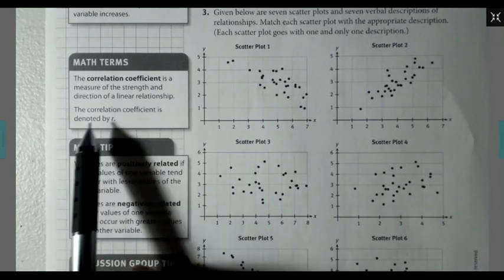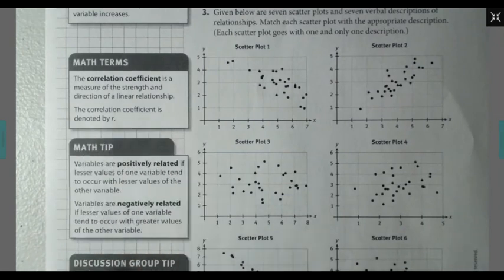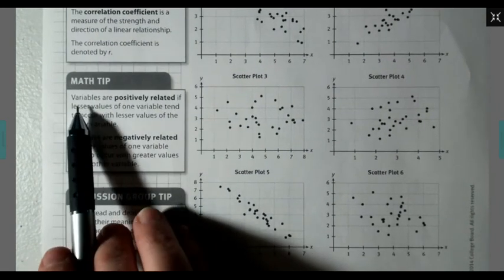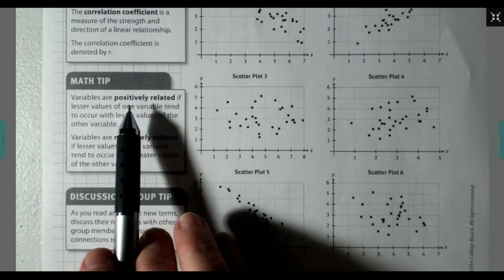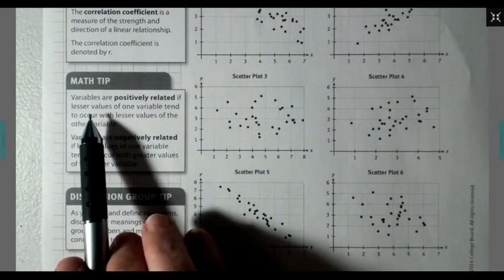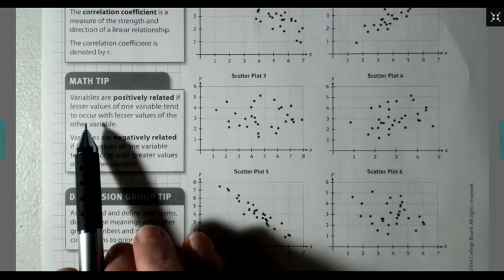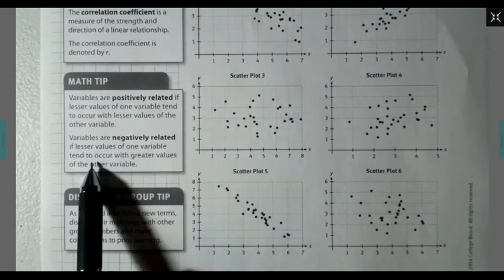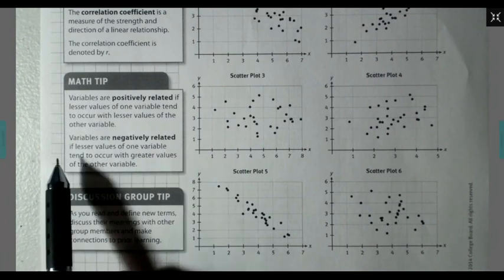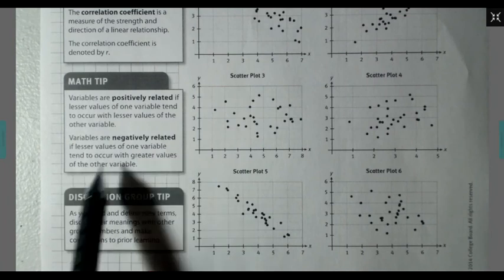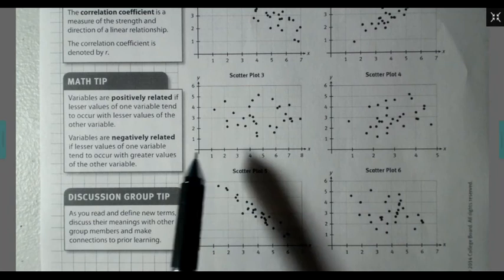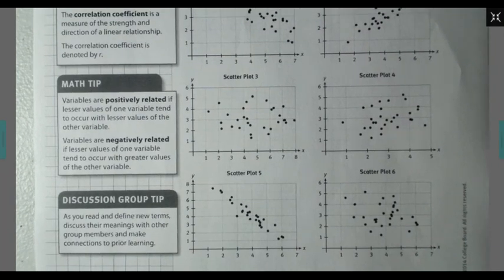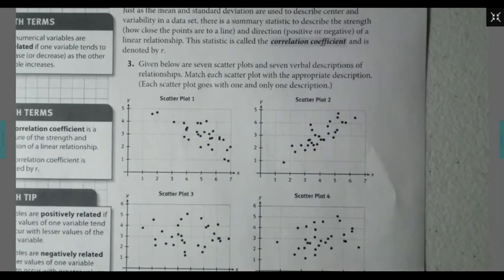The correlation coefficient is denoted by the letter R. Math tip. Variables are positively related if lesser values of one variable tend to occur with lesser values of the other variable. Variables are negatively related if lesser values of one variable tend to occur with greater values of the other variable. What we're going to be looking at is question 3.